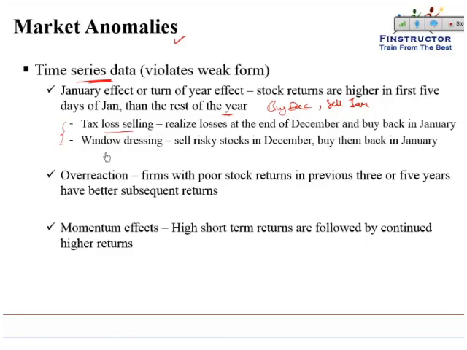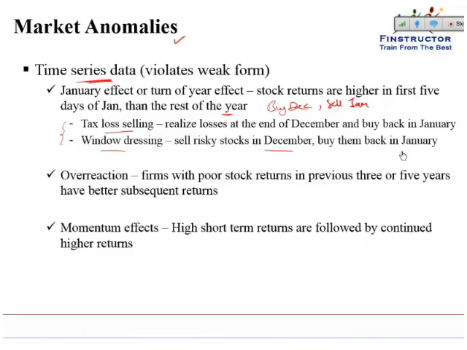Another reason ascribed is called window dressing. A lot of times the portfolios are published at the end of the year, and a lot of investors don't want to have bad, risky stocks published as a part of their portfolio. So investors sell their risky stocks in December, so that when the snapshot of the fund comes on December 31, these stocks don't appear in the portfolio.